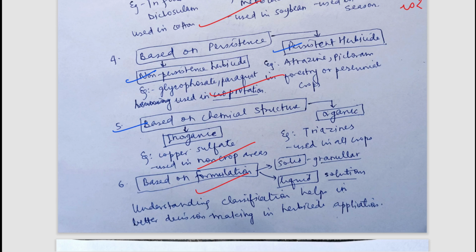There will be huge time pressure. So instead of writing all the 6-7 types, you can write 3-4 types and fulfill the demand of the question. That will be enough. I hope you understand how to approach these types of answers. Based on formulation, it is solid and liquid. So that was the written answer. Now let's move to the next question.